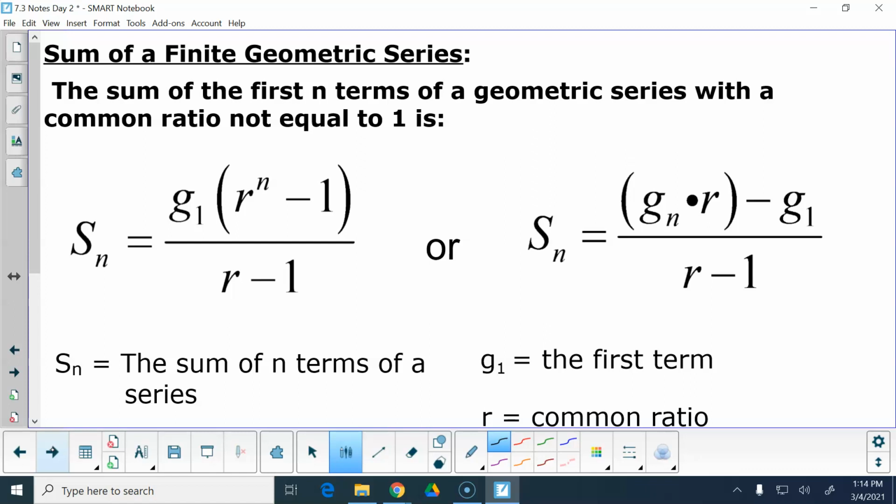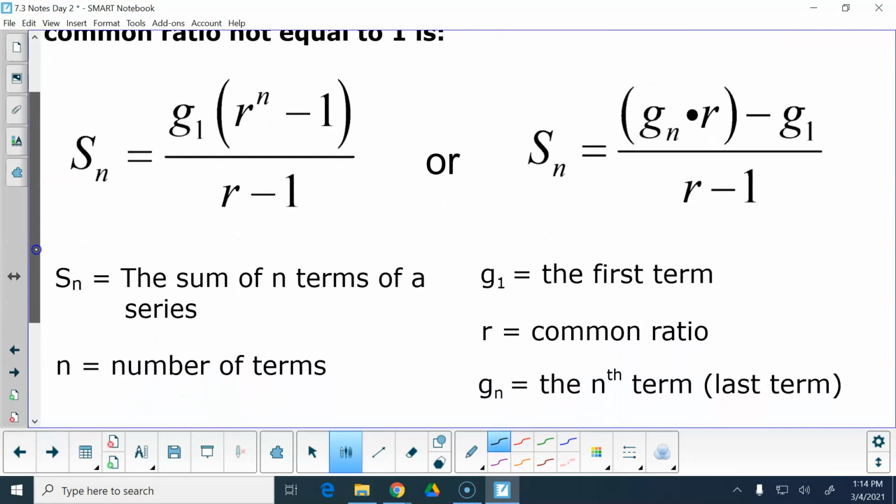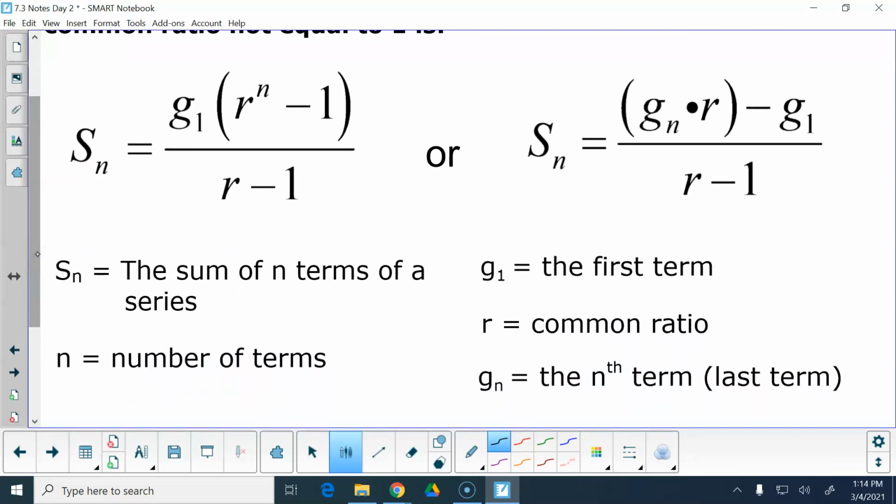The two formulas are there. Either one of the formulas will work. It's just really a matter of what you want to find. So I'm going to give you a little bit of time here to write these two formulas down. And then there's what everything is, but all of the stuff that, what they are, we've seen before. So I'll give you a little bit of time here to write those down.